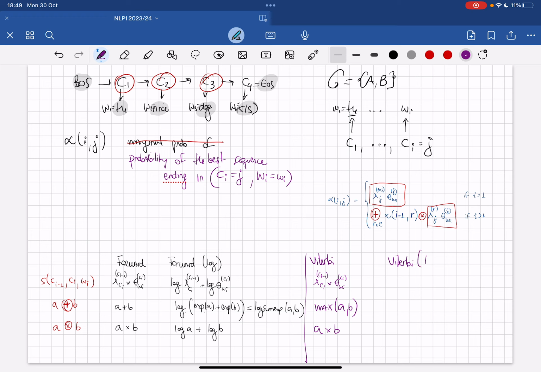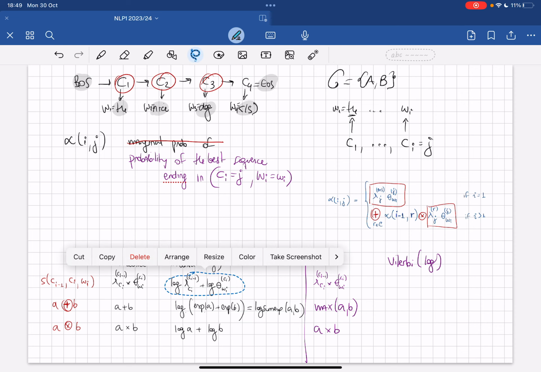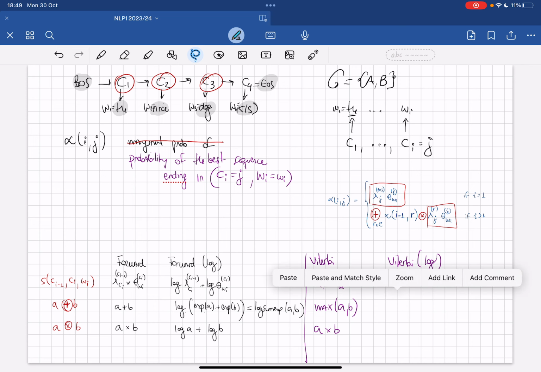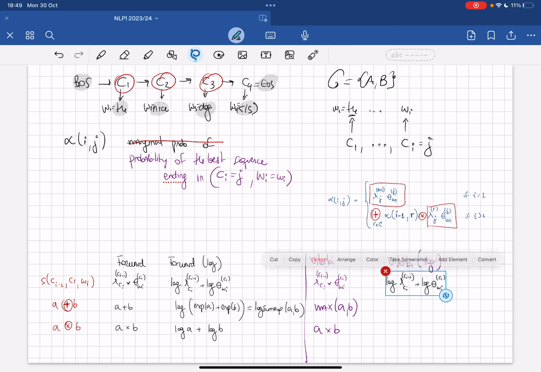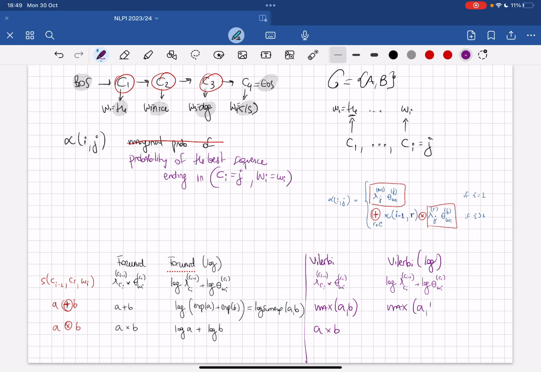And finally, Viterbi in log space. Well, the scoring function is the same, right? So it's the logarithm of the transition plus the logarithm of the emission probabilities. Logarithms are monotone, so maximization is not affected by it, right? So whenever you're confronted with alternatives, you maximize the choice, and whenever you have to concatenate two decisions, you take.